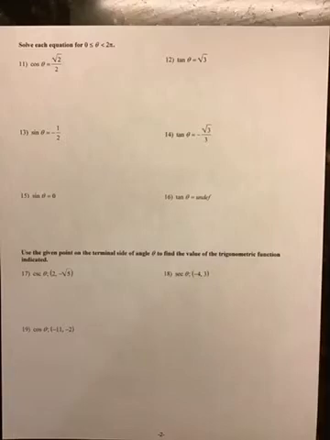All right, so here we're trying to go backwards. Here you are asked to basically solve each equation. So I'm going to try to find theta here. I want to find a theta, an angle right there, that produces a cosine of radical 2 over 2. This is just like a backwards look at the unit circle. It says to do this from 0 to 2 pi, so I need to look on the unit circle and find wherever the cosine, basically the x value, is radical 2 over 2.